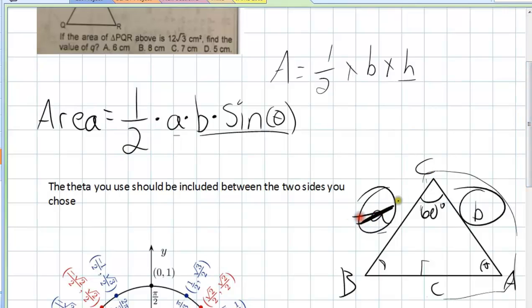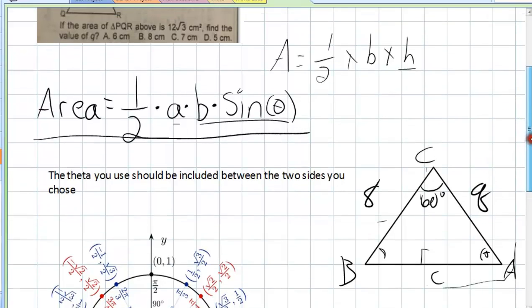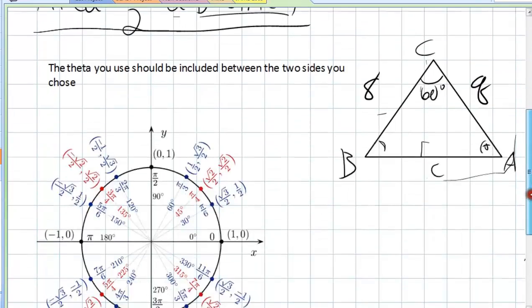So this is 8, and this over here is Q. Now we can use this formula to solve for what we need. They tell us that the area is 12 root 3 centimeters squared.